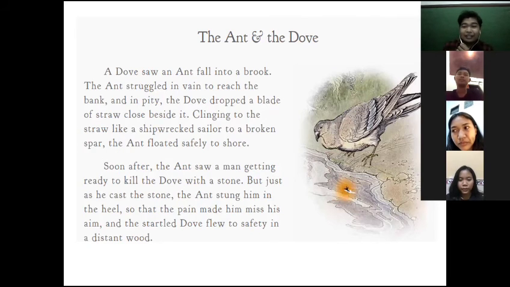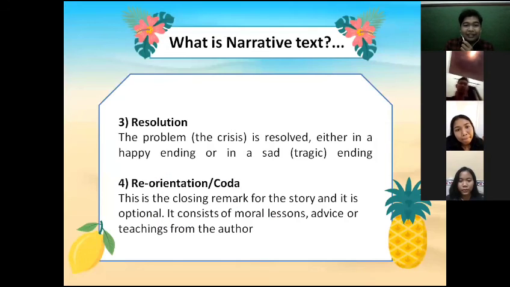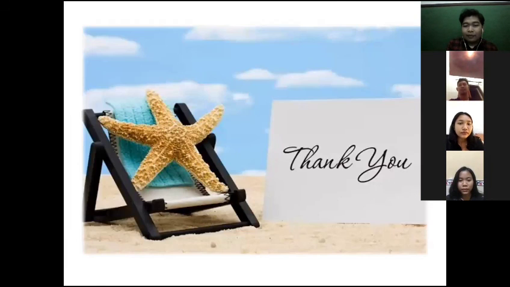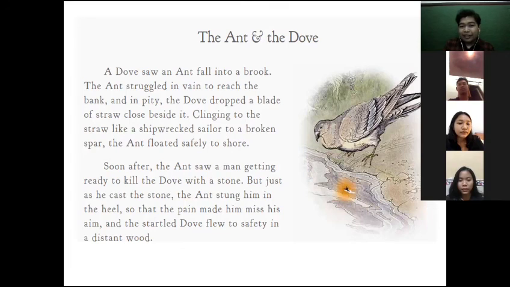About the generic structure, there are four generic structures. The first is orientation, and then the second is complication, and then the third is resolution, and the last one is reorientation. I think that's all about today's meeting.